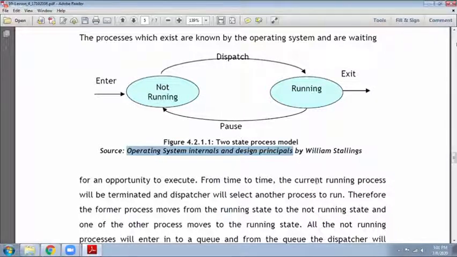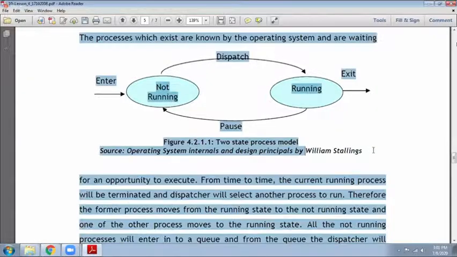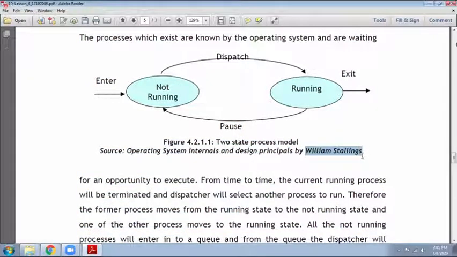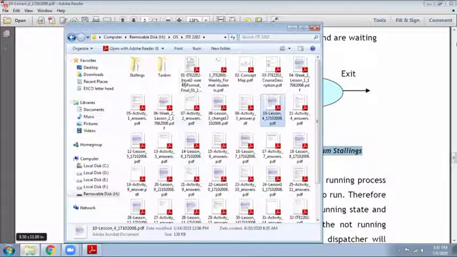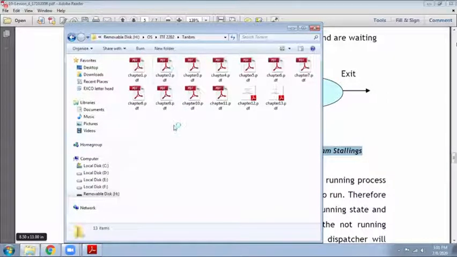You can try to get that from the internet. Operating Systems: Internals and Design Principles, this is the name of the book written by William Stallings. Another book I'm using is Tanenbaum. Stallings and Tanenbaum, those are the two famous operating system books.